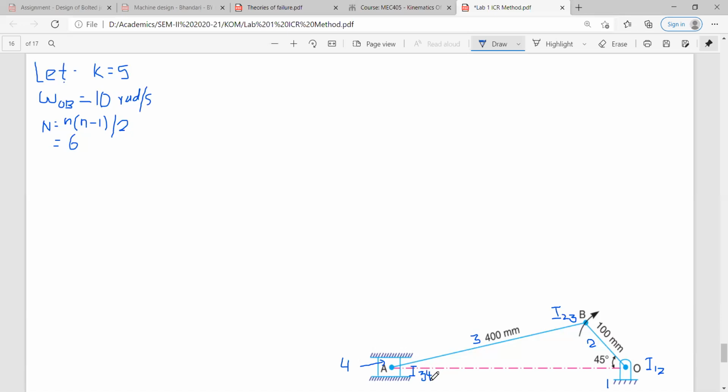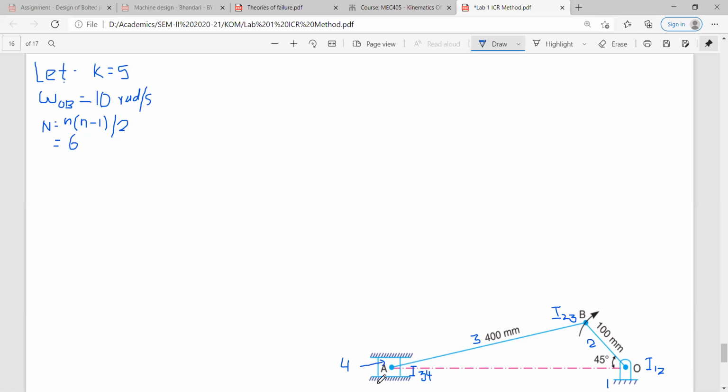ICR 34. Okay. And now it is a special case, that link 4 is connected on one side to link 3, right? And link 4 is also connected to link 1, that is the fixed link.